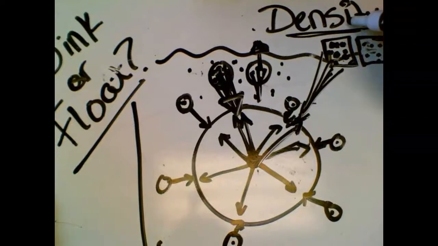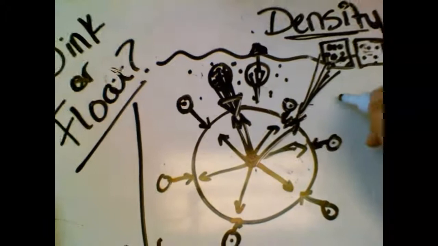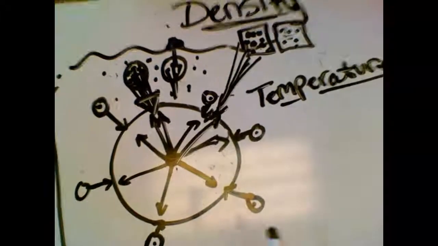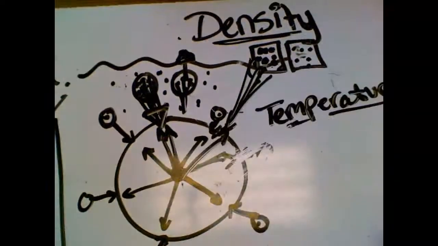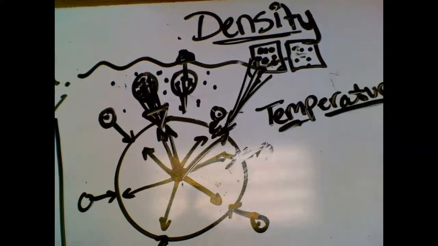And density is a property of an object or thing, but it can also be influenced by temperature. Changing the temperature of an object can also change its density, because temperature is a measurement of how fast molecules are moving, the speed of molecule movement.